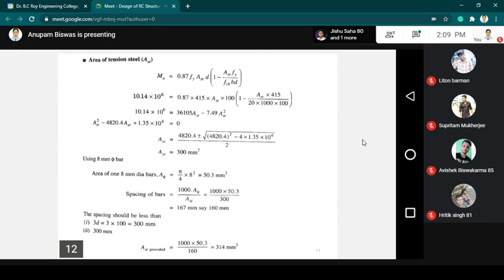Now this bar we have to distribute. Using a standard size 8 mm bar, the area of each bar is, we know, 50.3 mm square. So the spacing of the bar we have to obtain by the following equation: 1000 into area of the bar by Ast.